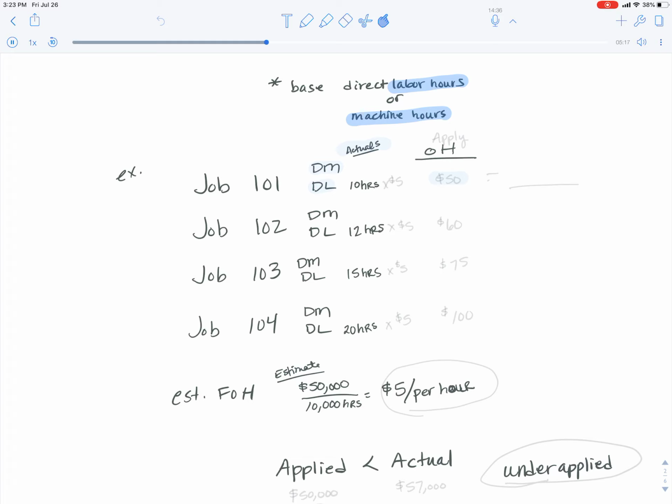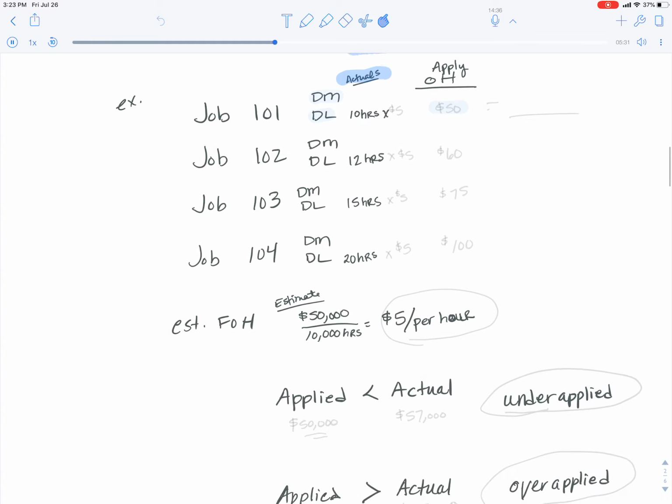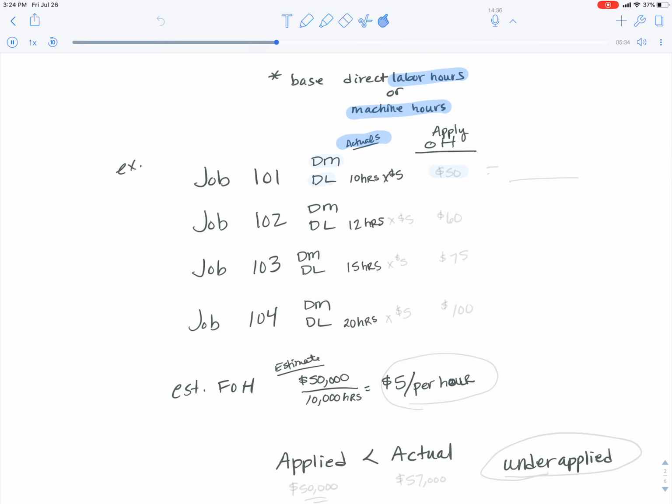So up here we've got actual hours worked. In order to figure out how much overhead we will apply to each job, we will use actual hours. So we're going to take $5 times actual hours, and we'll apply $50 to this job, $60 to this job, $75 to that job, and $100 to that job.